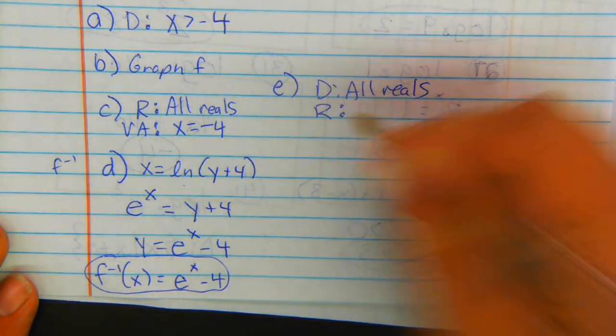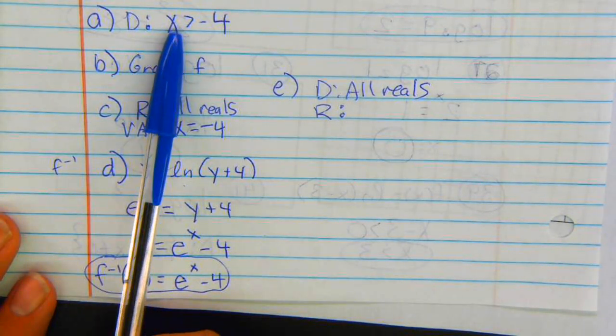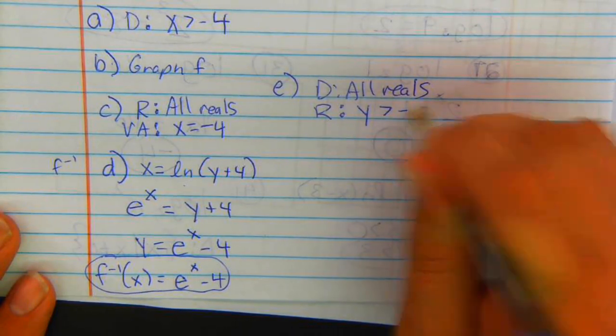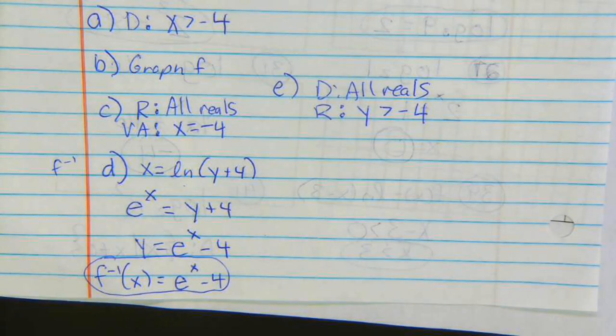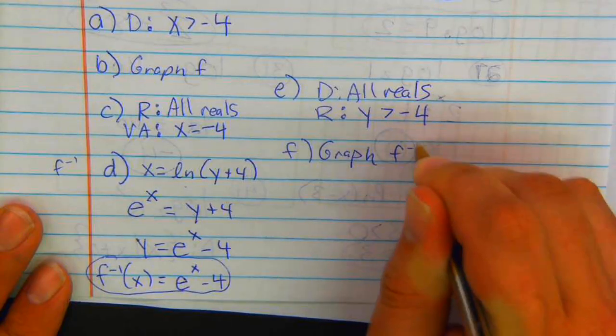So that part will be easy if you already have the domain and range. The domain of the original was x is greater than negative 4, so the range will be y is greater than negative 4.